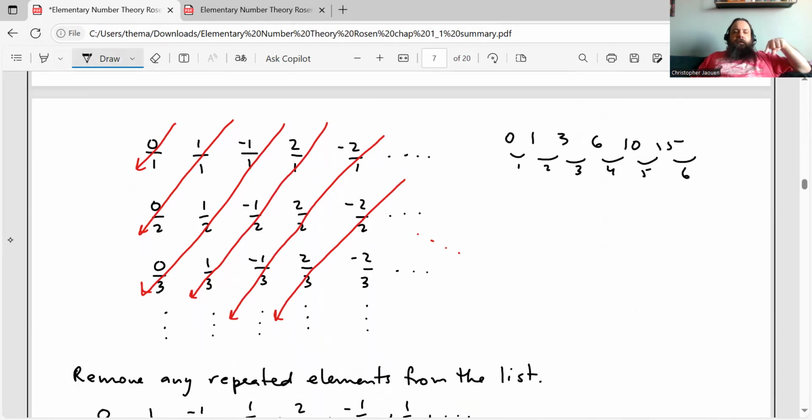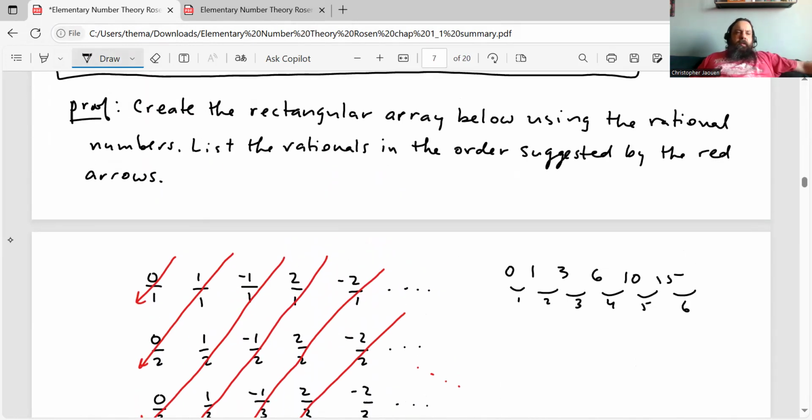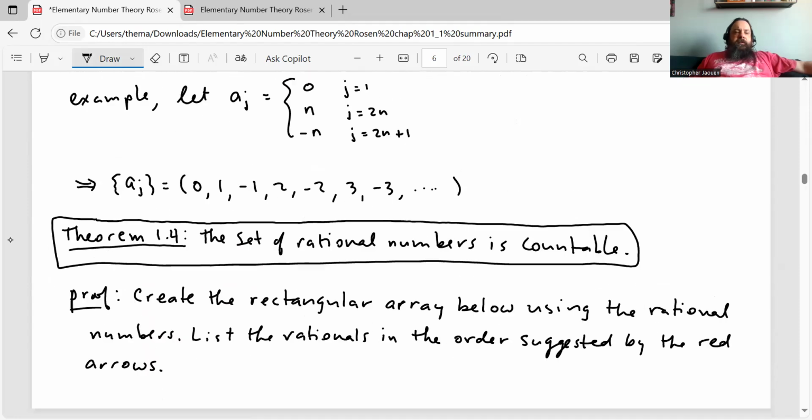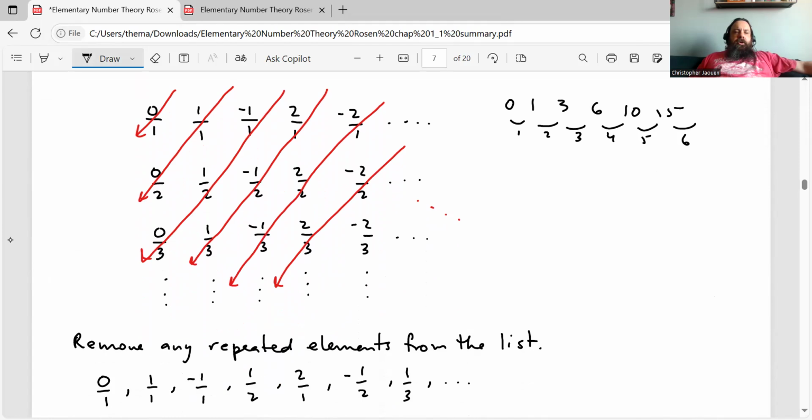Next row has all the fractions that have denominator 3, and so on and so on. And then the numerators progress according to the sequence that we defined here in exercise 112, right? And then you count the rationals along the arrows.